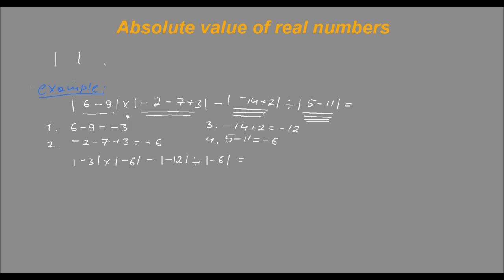So it's 3 times 6 minus 12 divided by 6, which equals 2. So it's 18 minus 2 equals 16. So this is our answer.